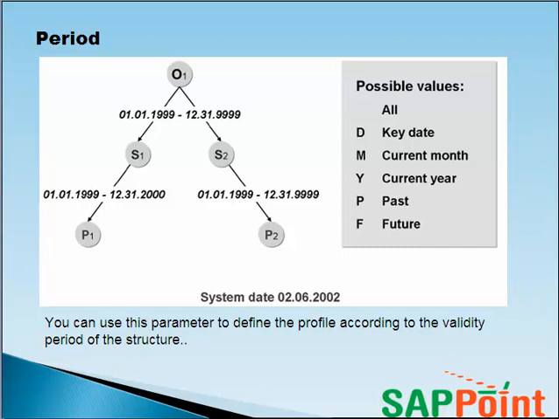Now this parameter, the period parameter, has no influence on the period for which a user is authorized to access the given object. So we have specified, let's say, the org object as O. Whatever value you give for the period field, it has no influence on that object.